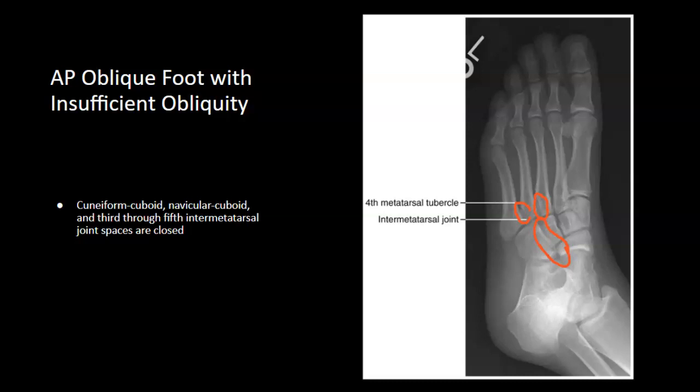To really be grounded in knowing that you are insufficiently oblique, you should really evaluate the intermetatarsal joint space between the 4th and 5th digit. If they are still superimposed, then you know you are in insufficient obliquity.